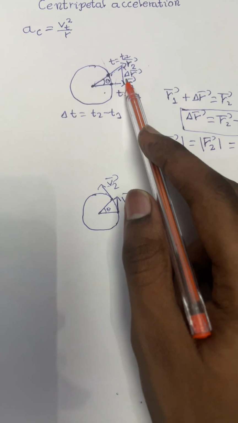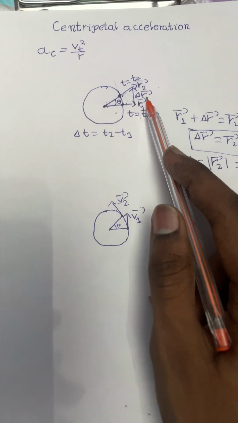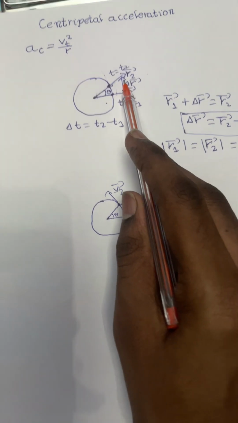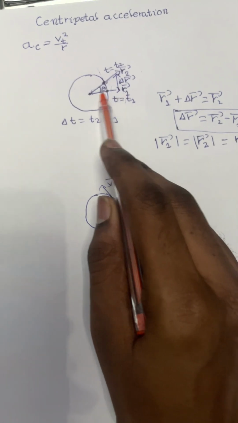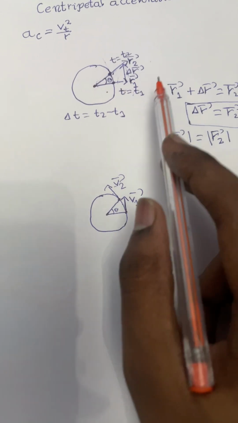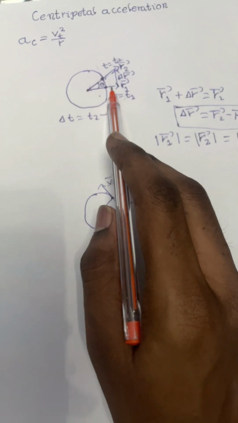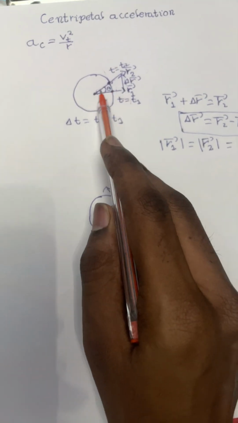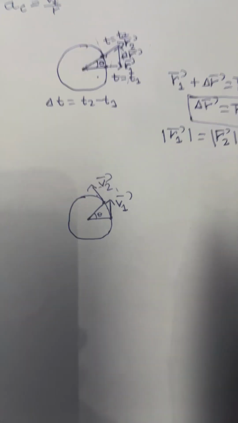So this delta r, change in displacement, was in this direction, so we can directly say the change in velocity vector is going to be perpendicular to this, so it is going to point towards the center.